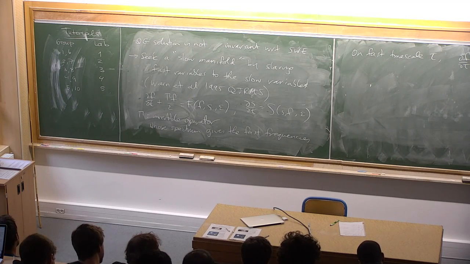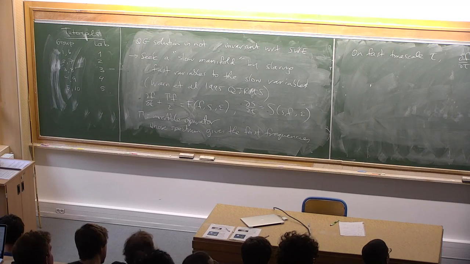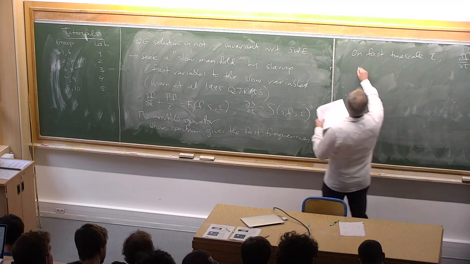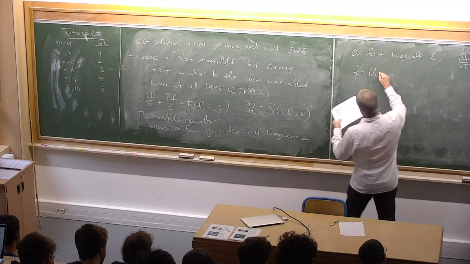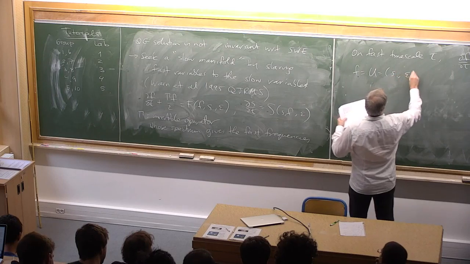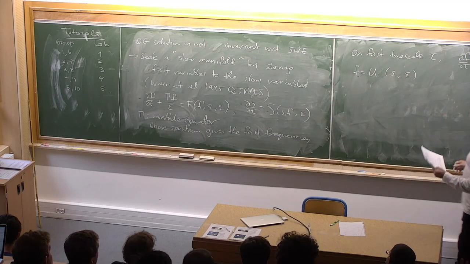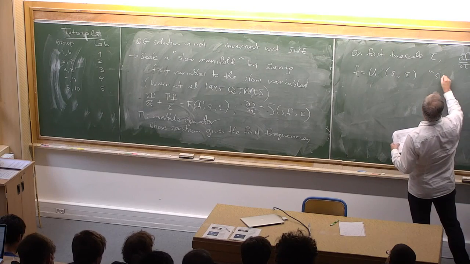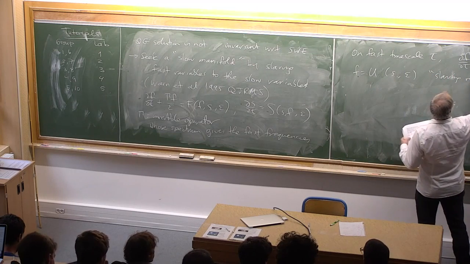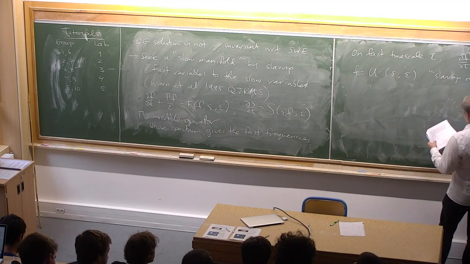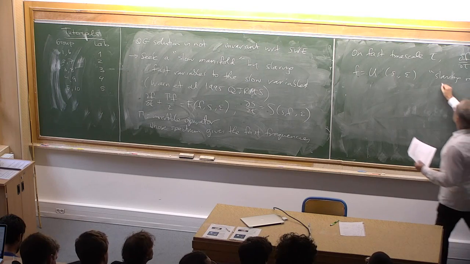But the idea here is we're going to see if we can find some invariant manifold that will always be slow. And so what we do is there's an ansatz that we just let f be some function of the slow variables and epsilon. We're going to call this the slaving relation. And then we're going to expand f.